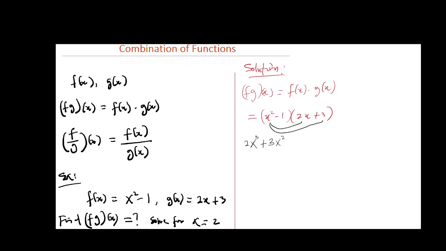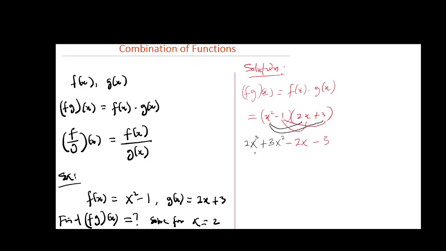And minus 1 multiply 2x is going to give us minus 2x. And minus 1 multiply plus 3 is going to give us minus 3.